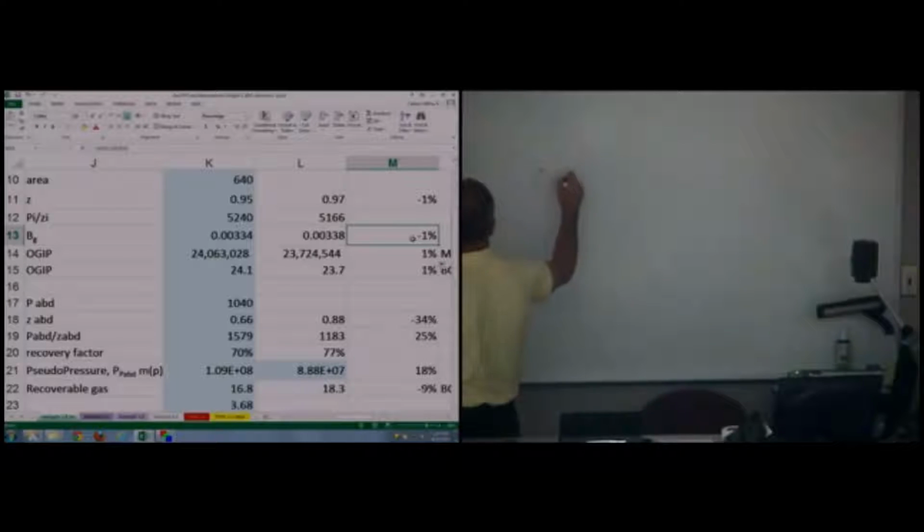So this is original gas in place. Given a P over Z at some point, my manager comes in and says, when this reservoir produces 3 BCF, what will my pressure be? I've got 10 seconds to answer it. Well, I've got a linear relationship. I can come right up here and get P over Z.